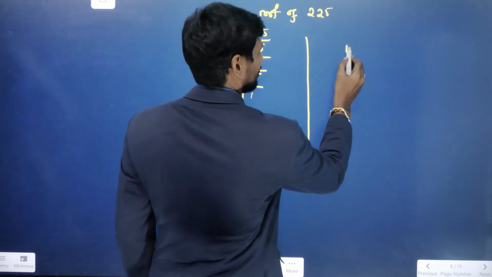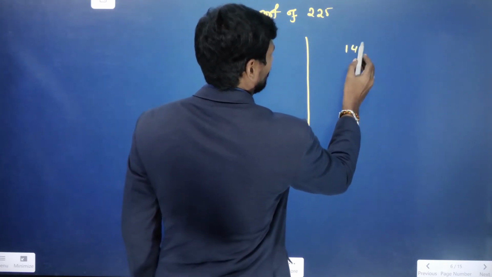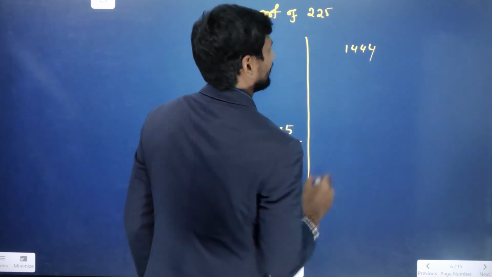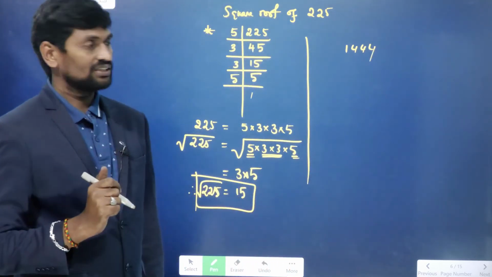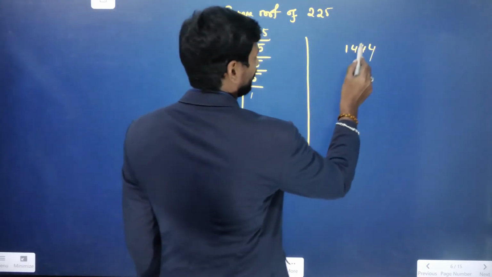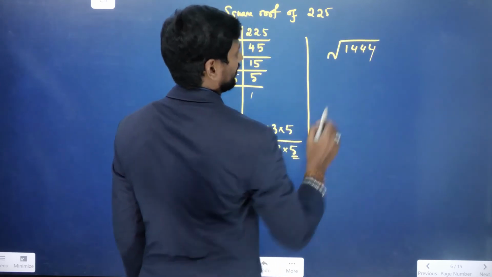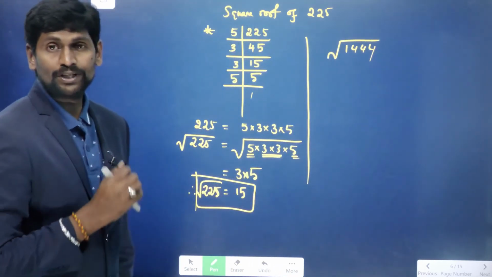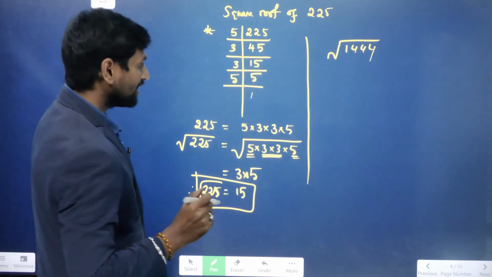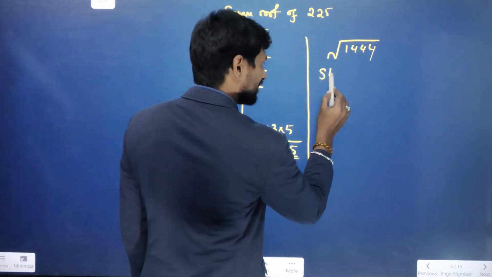For example, 1444 is there, a 4-digit number. How to find the square root? Square root of a 4-digit number by using the division method. So mainly you should remember the steps here.